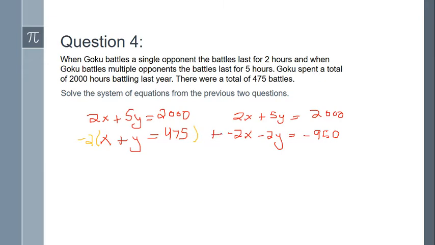Right, now I can add my two equations together to eliminate x. So that I would get that 3y is equal to 2,000 plus a negative 950, or 2,000 minus 950, however you like to think about it. And we get that that is equal to 1050.